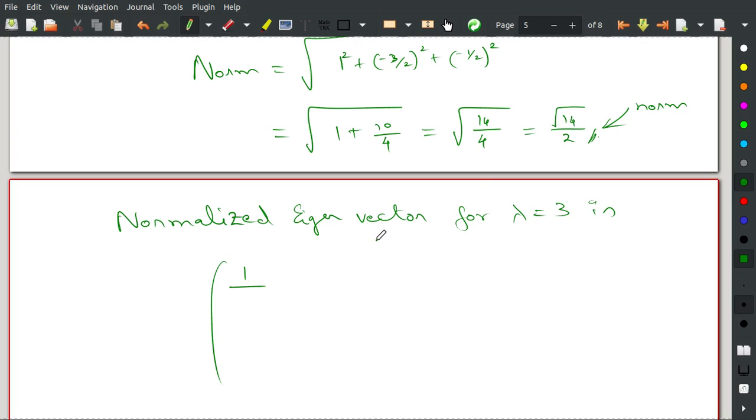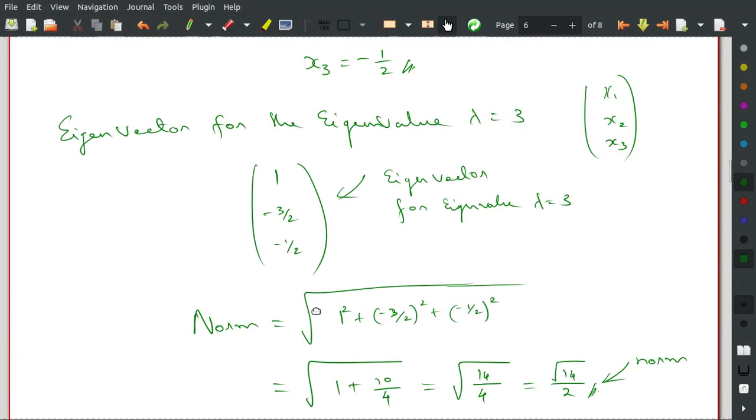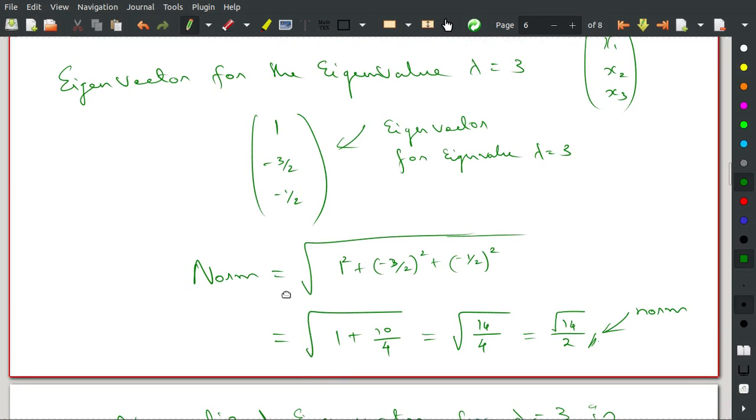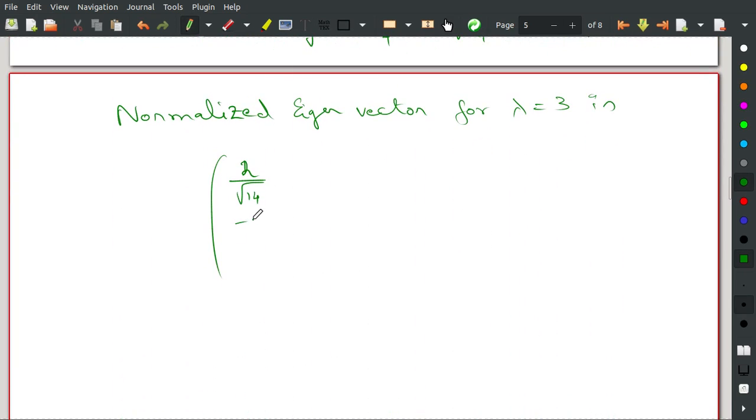So this is root of 14, and we have a 2 here, we can take this 2 to the numerator, right? So we have 2 by root 14, and the next term is minus 3 by 2, so it's minus 3 by root 14.